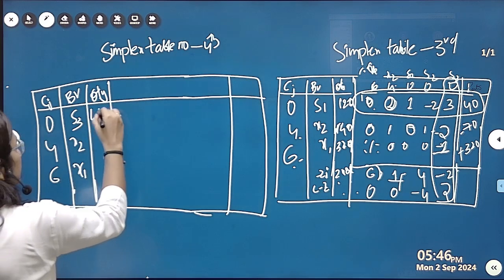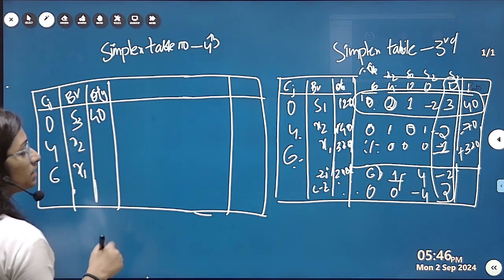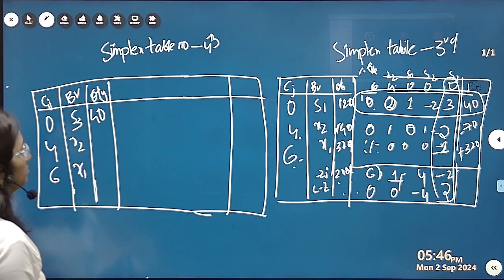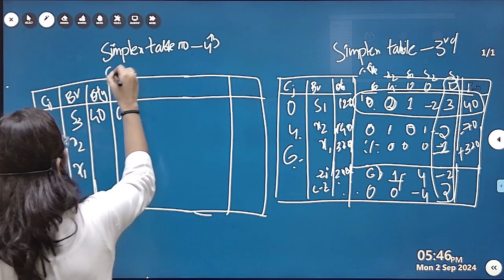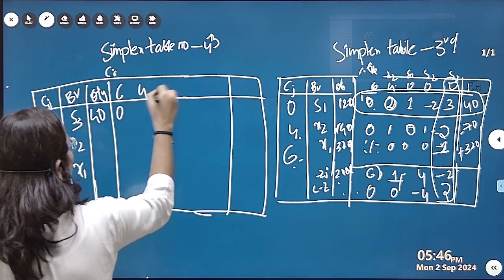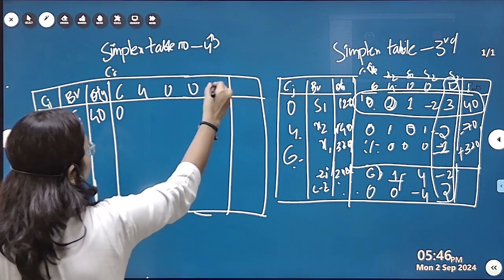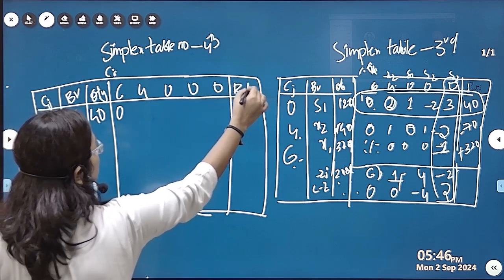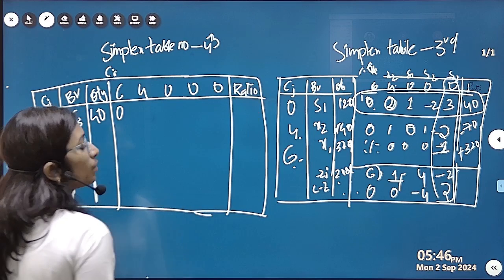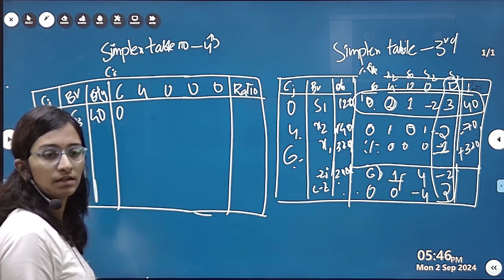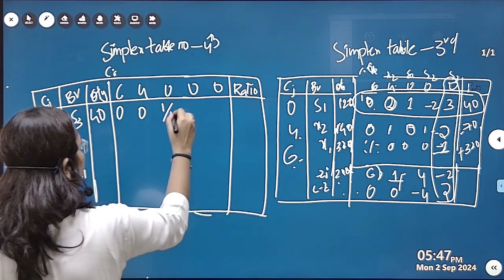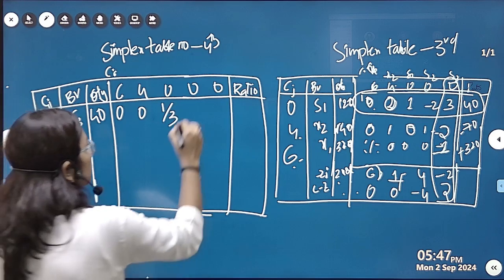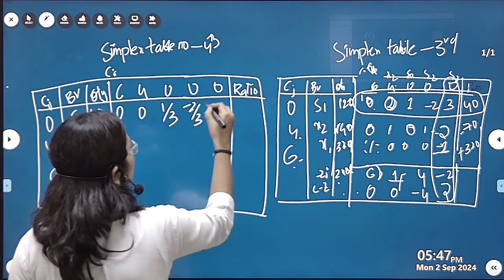Okay. Next, 0 divided by 3. Tell me fastly the values. 0, 0. 1 divided by 3. No, we will write like that only. 1 divided by 3. Okay. Minus 2 divided by 3.